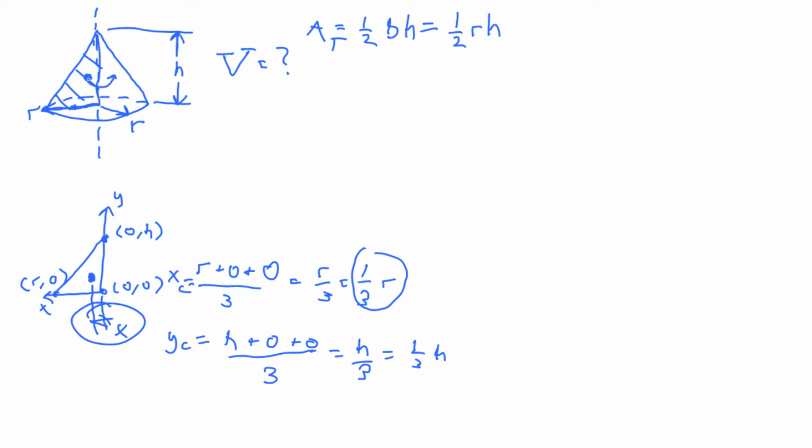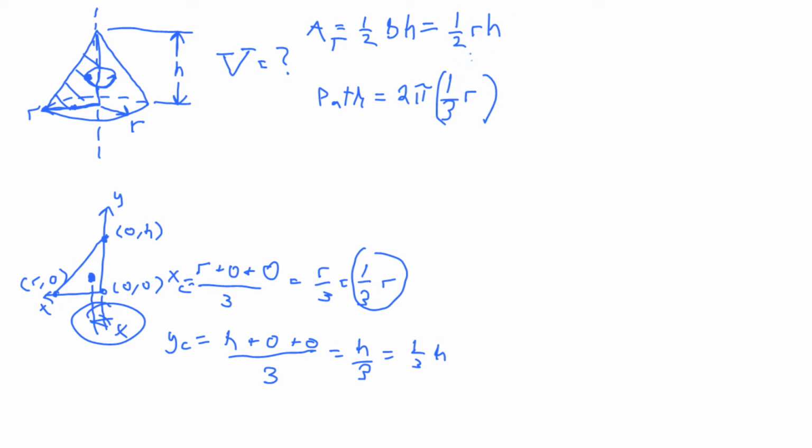The radius is 1/3 r, and we're going to go along this path, which is the circumference of the circle here. So the path equals 2 pi times the radius, and the radius of the path is actually 1/3 r.